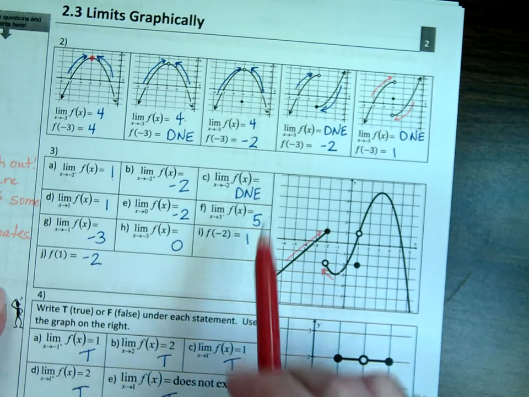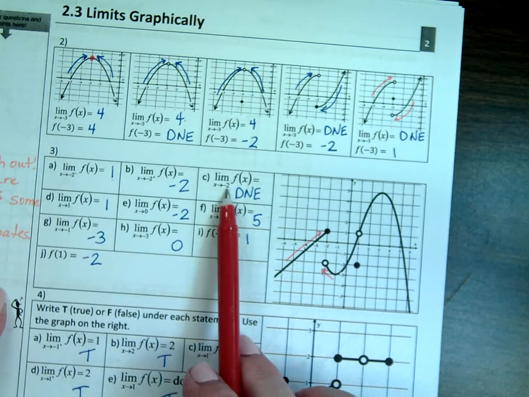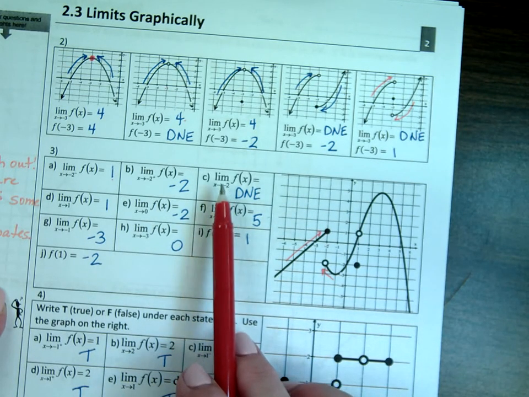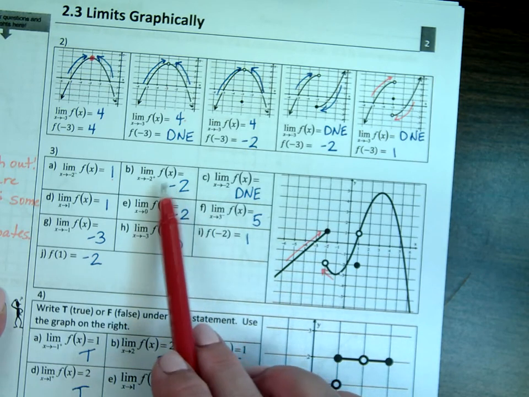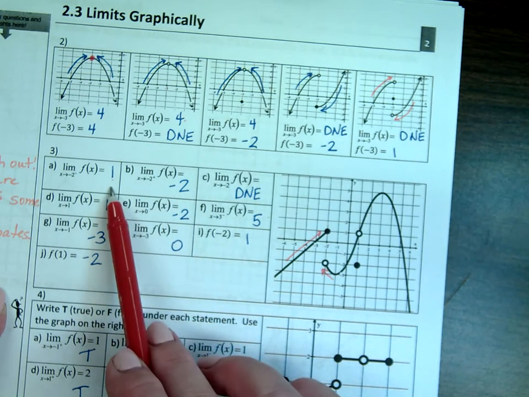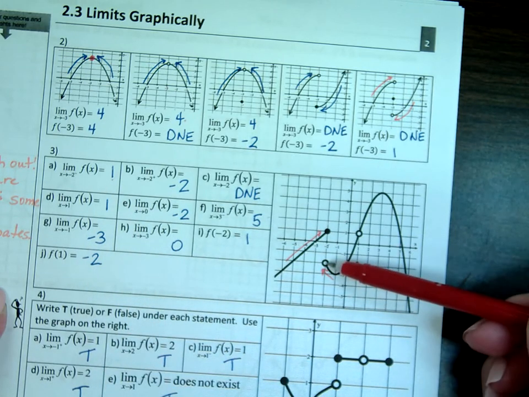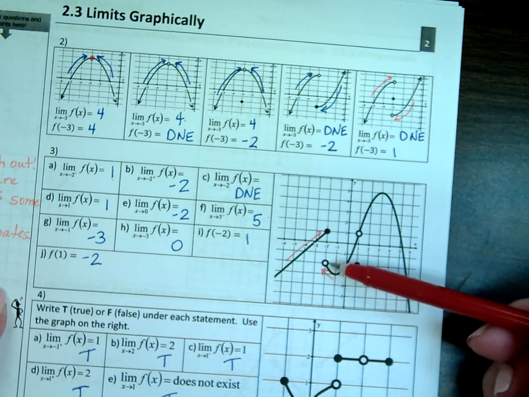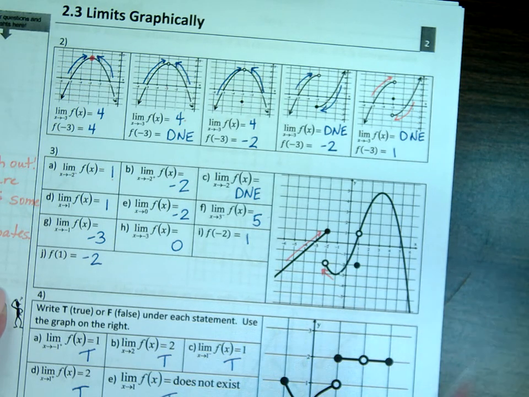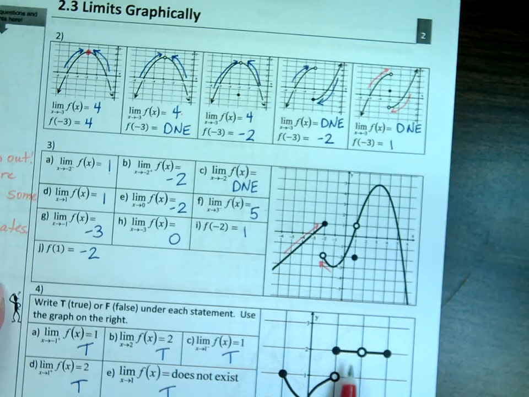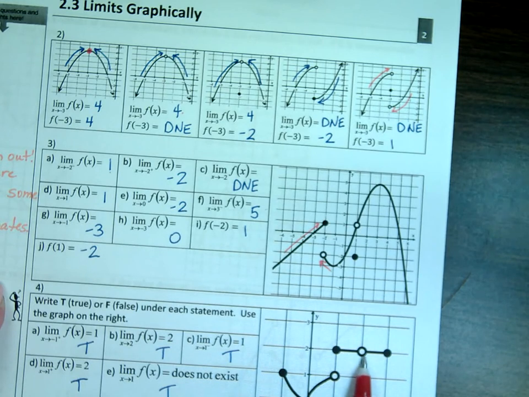And then C is saying, all right, what's the limit at 2? In order for you to have a limit at 2, these two numbers have to be equal. If they're not equal, then the limit doesn't exist. So you'll see how there's a gap there? That kind of makes sense too. It's not approaching the same thing. Let me take you down to this picture real quick. If I approach this open circle from the left, I get 2.